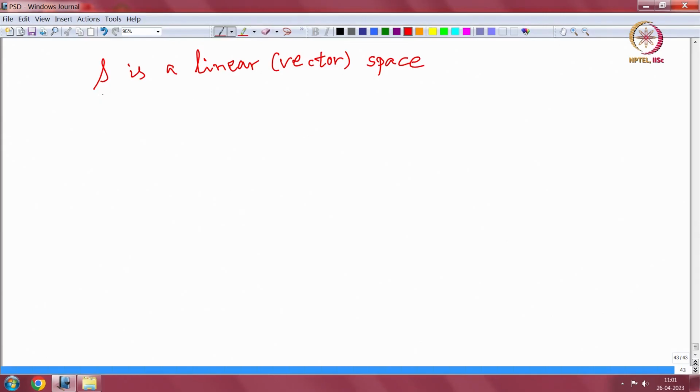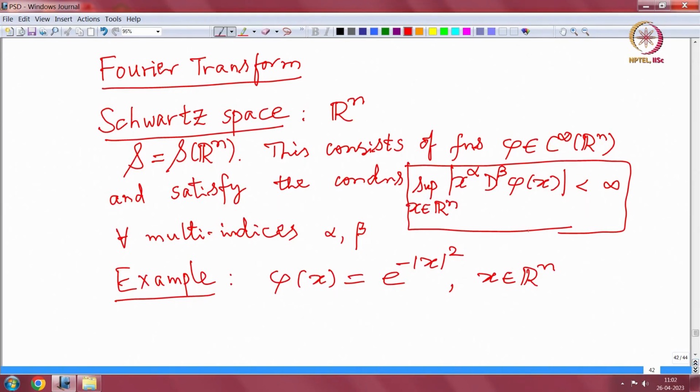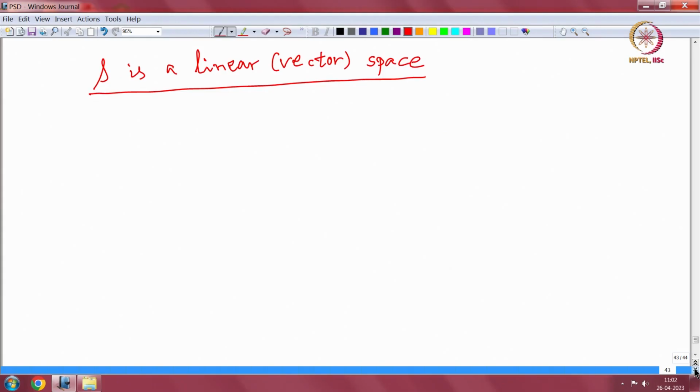Okay, so that's very easy to verify. If you take two functions phi and psi in C infinity, then d beta of phi plus psi just separates and the absolute value makes it less than or equal to the sum. So that's a straightforward verification that it is a vector space.